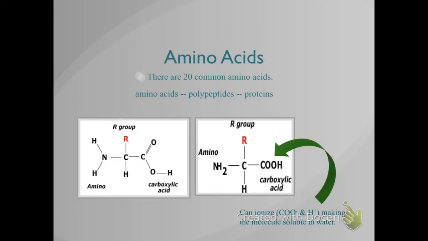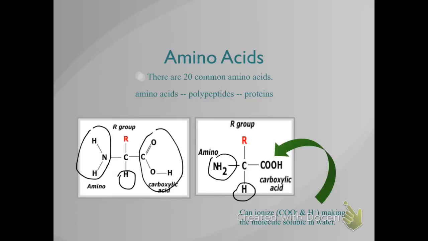Now, amino acids all have a basic structure to them with a central carbon, a side amino group, you can see here and here, a side carboxylic acid group, and a lone hydrogen. So all amino acids have this in common, but the 20 different amino acids, the one area that they differ is this R group. So the R group is going to be the identifying group as far as identifying an amino acid goes.